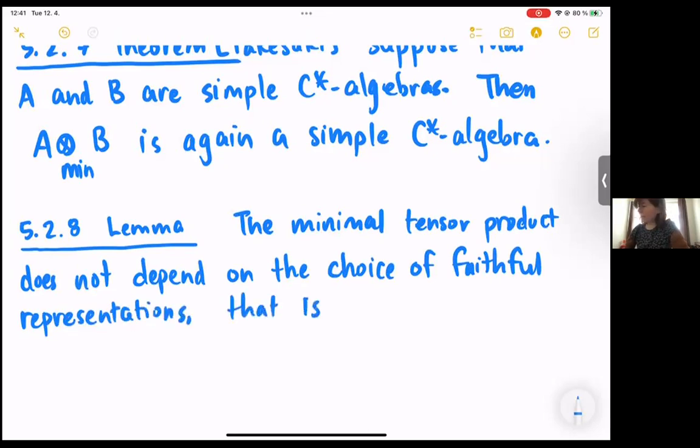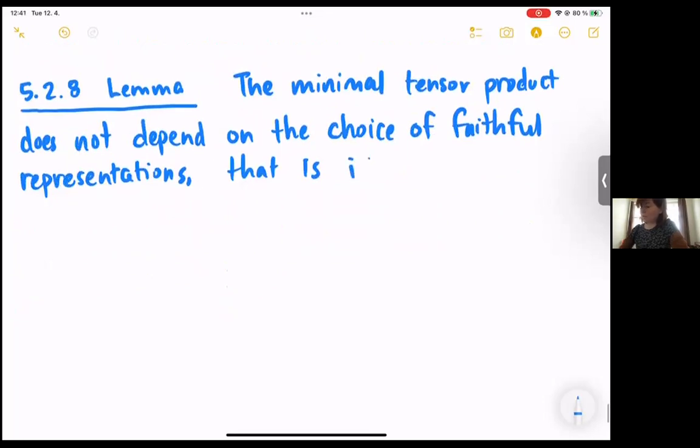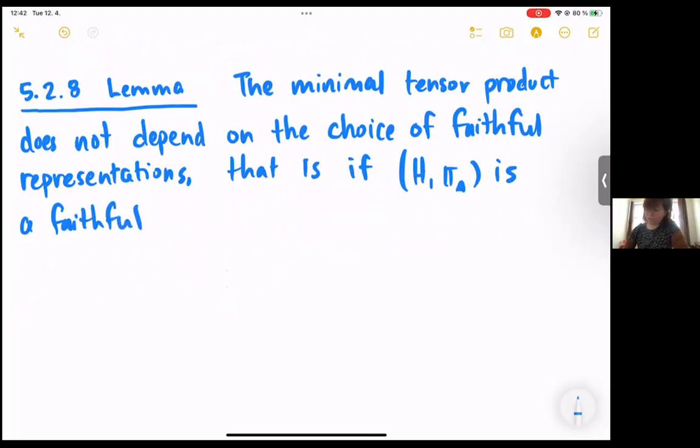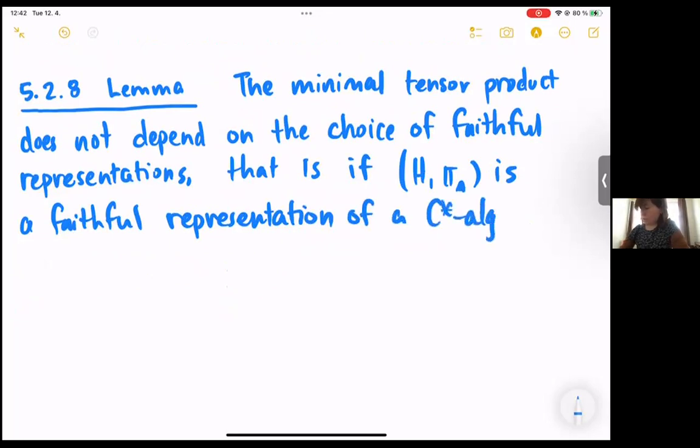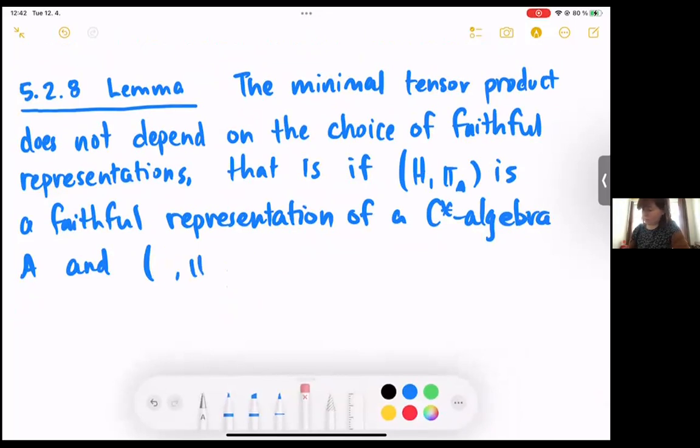So what I mean by that is, if H, pi of A is a faithful representation of A, a C-star algebra, of course. And not H, we don't necessarily have the same Hilbert space, of course.